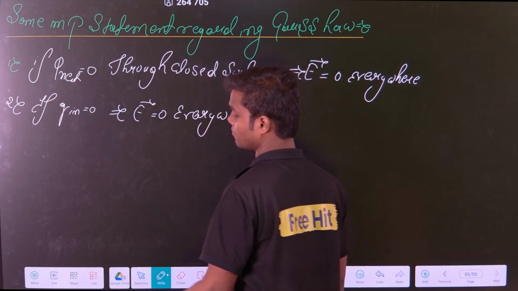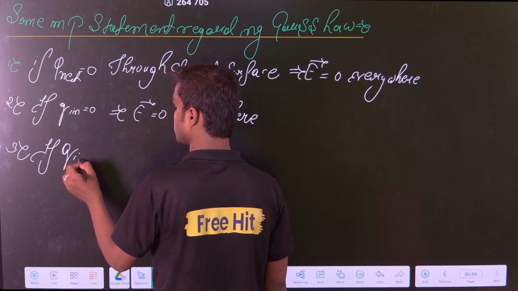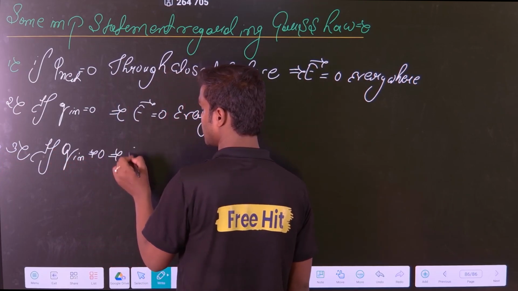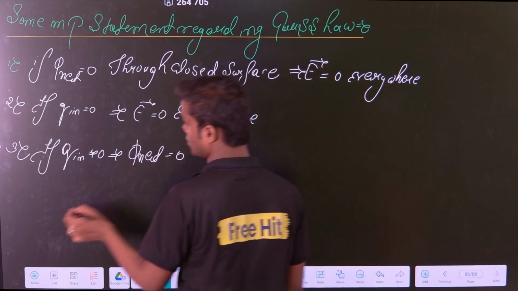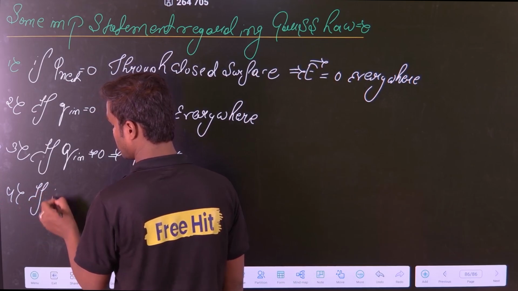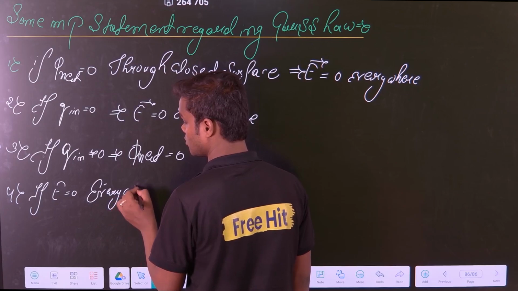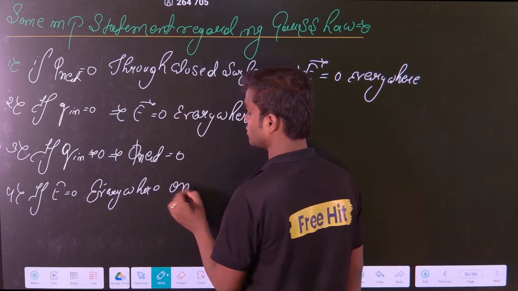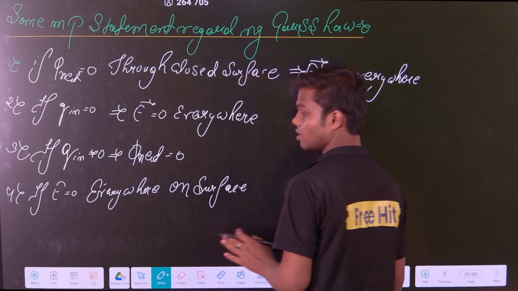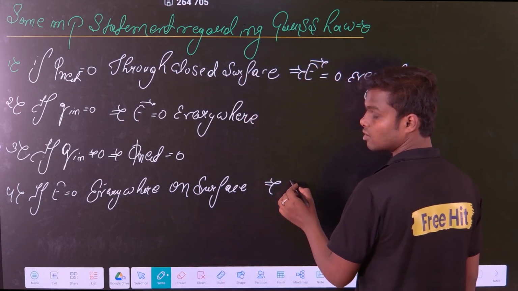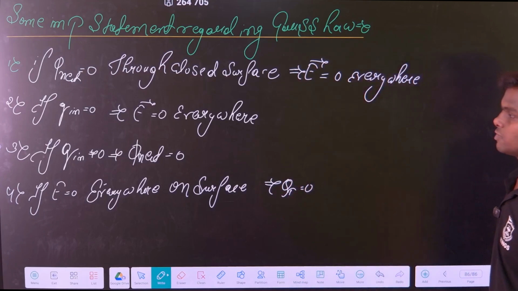Now, if Q in is equal to 0, it implies that phi net is equal to 0. That is the fourth statement. If E is equal to 0 everywhere on some surface, it implies that Q total is equal to 0. You have to tell me which statement is true or false.